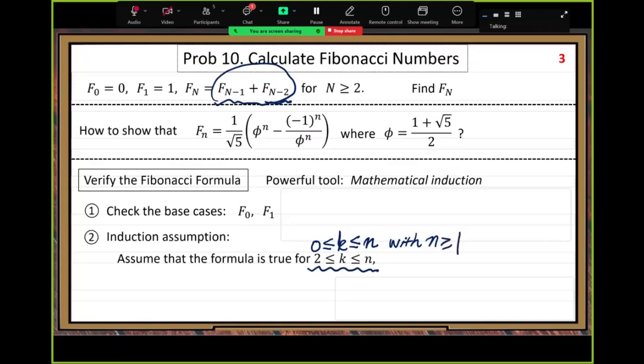That is a better way to write this assumption. Because here we assume too much. If we only verify the first base cases, we should not assume more than we have, right? So here I point out the problem: we assume too much.